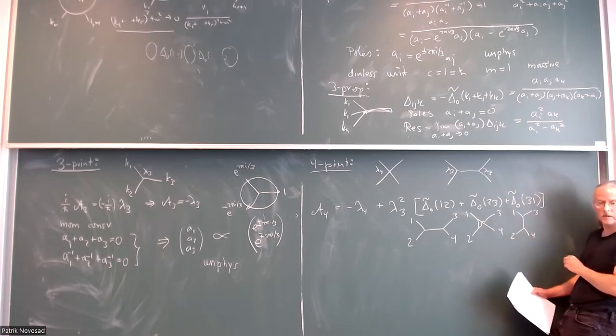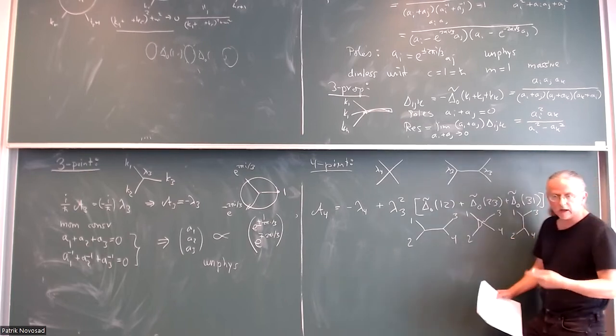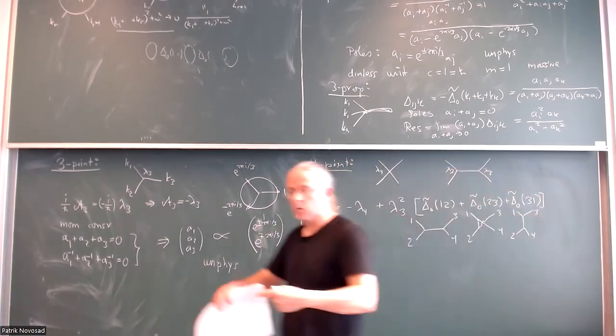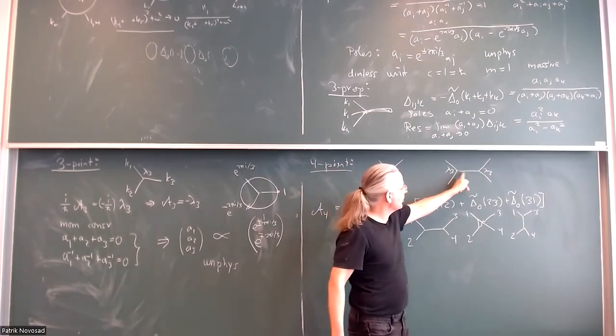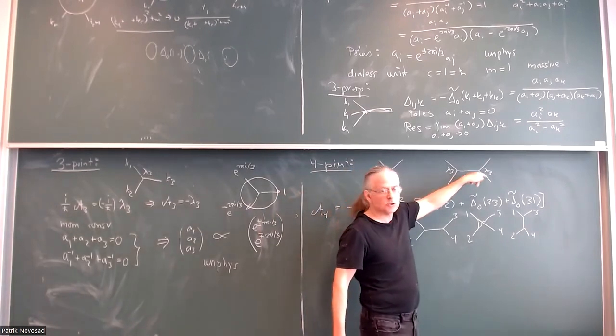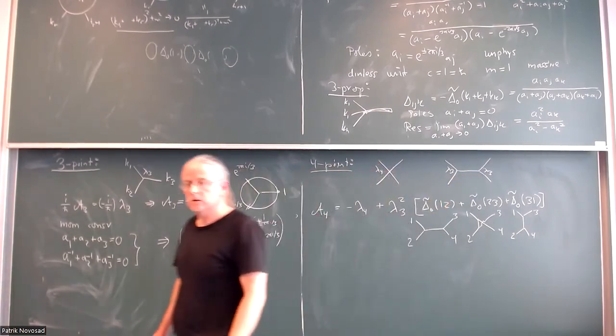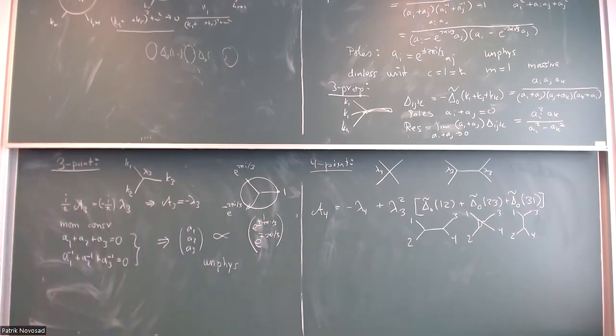Does that make sense? So you have to take into account all ways. You don't know which two the internal propagator is between. So you have to take all of them into account. And there's three possibilities. So you get four diagrams altogether.